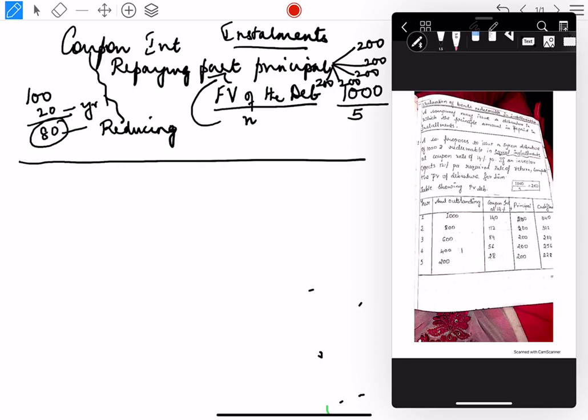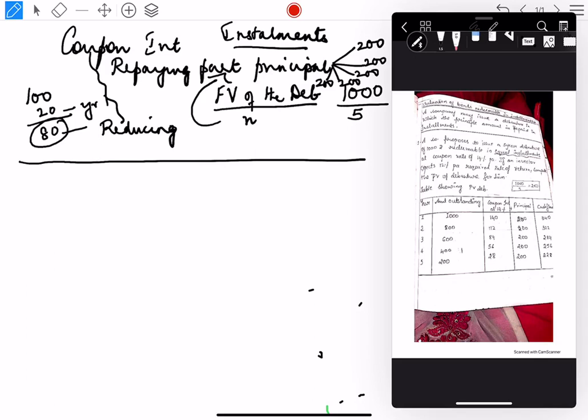So, when there is a full 5-year term, the debenture face value is taken at 1000 rupees, and at the end of year 1, when you divide 1000 by 5, the part amount that is repaid is 200. Please refer to column 4. You have 200 rupees being repaid at the end of each year for 5 years. So at the end of the 5th year, there is nothing remaining to be paid off. Everything has been paid in installments, right?